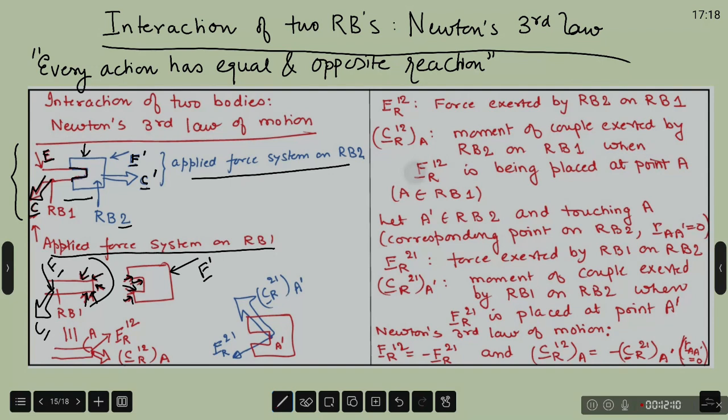These new forces will in general be distributed, because the two RBs are interacting not at a single point but over a surface, and that is why you have a distributed force system.